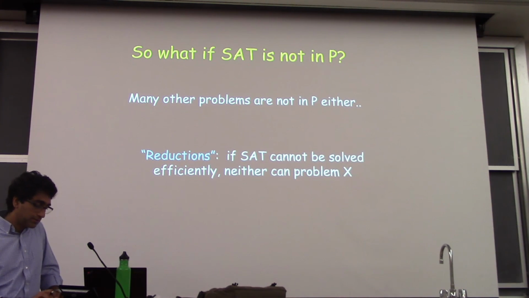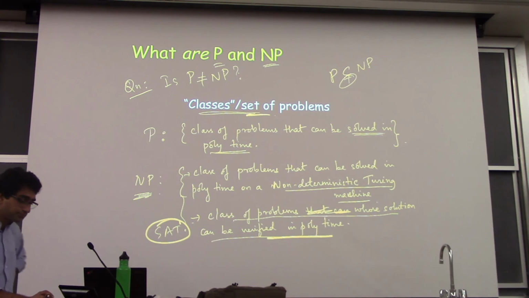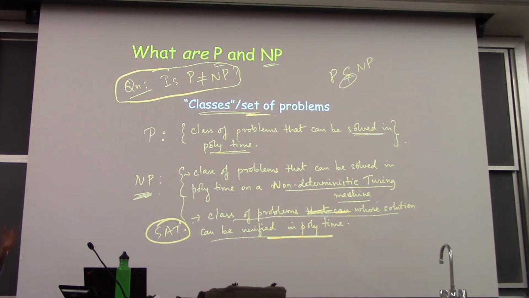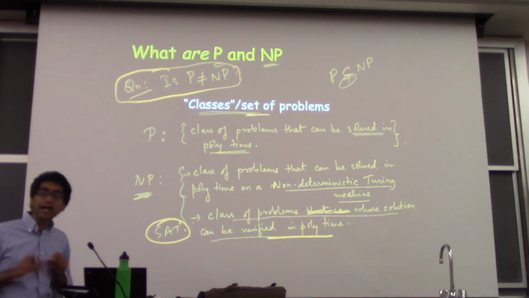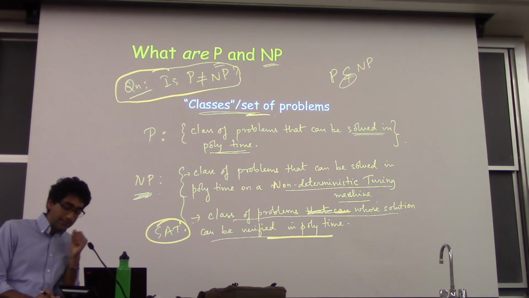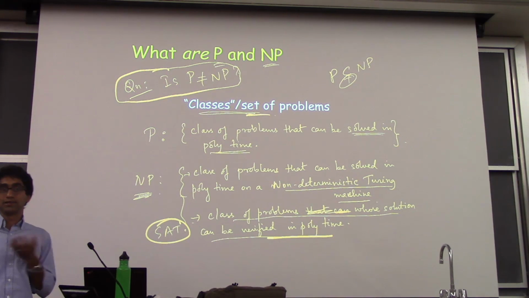So what we were saying is that this is a big question, right? We believe that SAT is not in polynomial time, and we said there are all these philosophical implications.